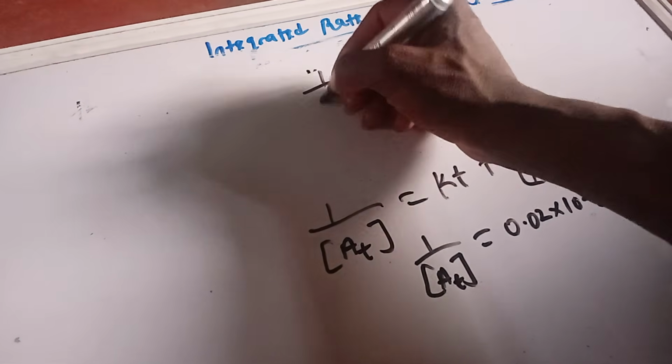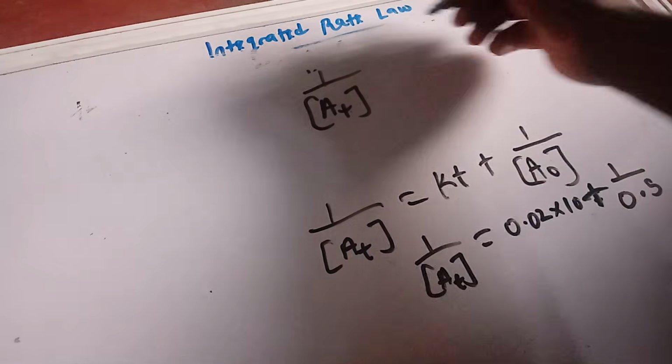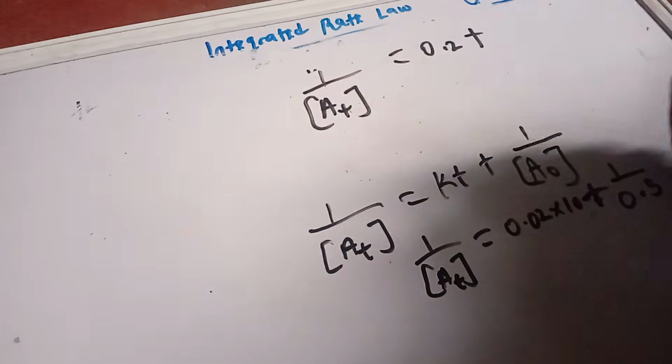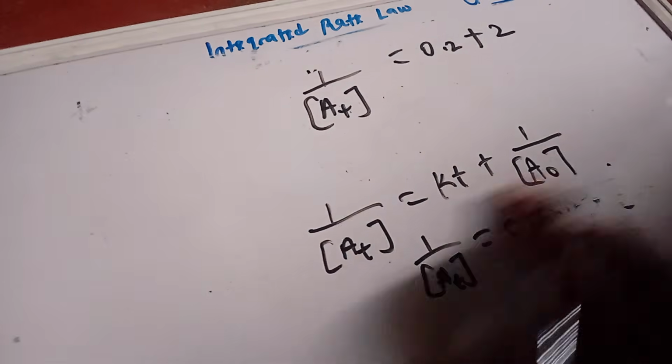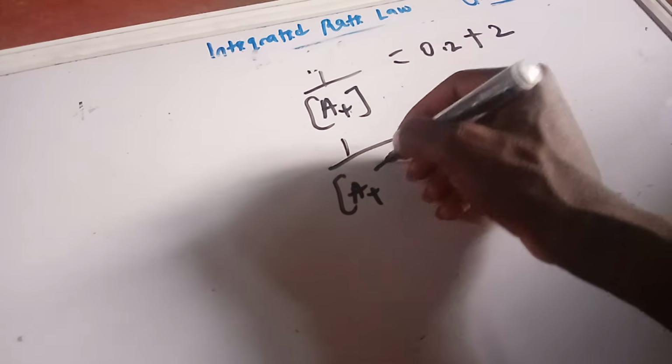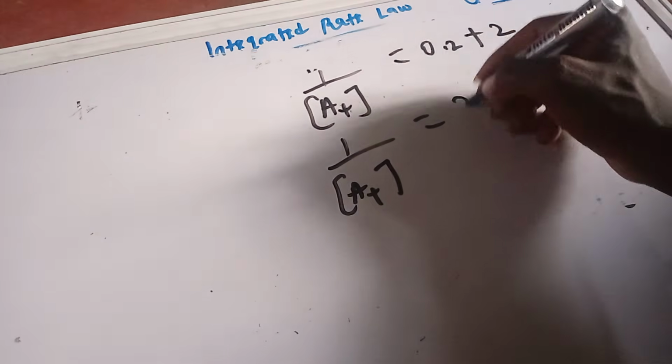There's no big deal there. 1 over At equals 0.02 times 10, that's 0.2, plus 1 divided by 0.5, that's 2. So 1 over At equals 0.2 plus 2, that's 2.2.